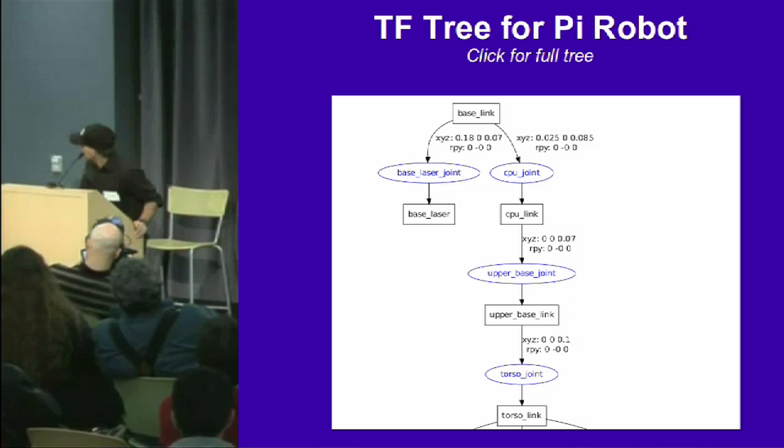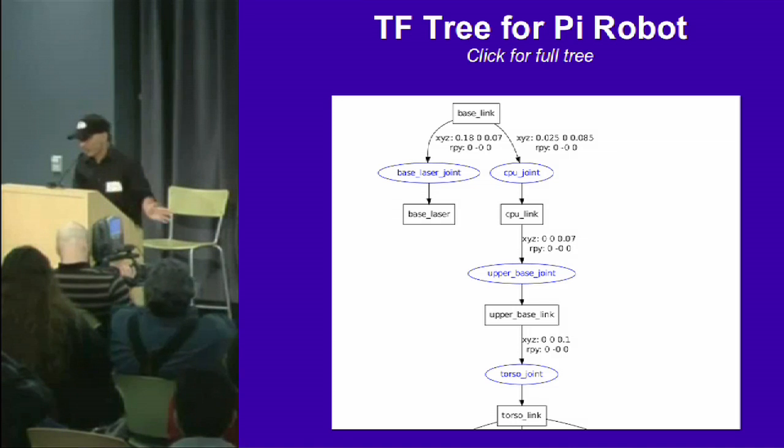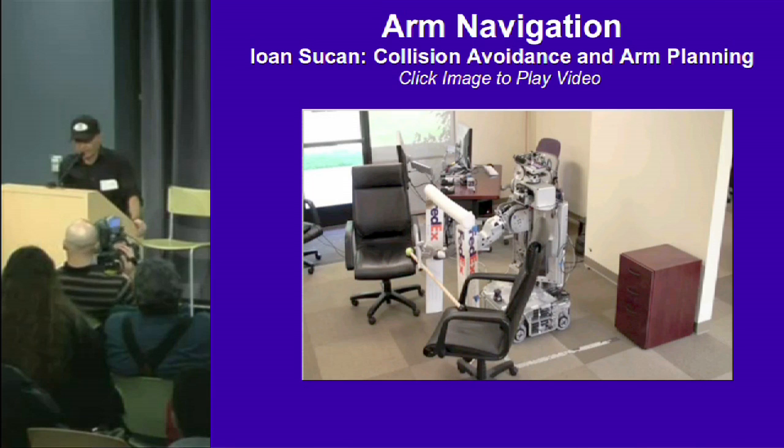So this is every joint in this robot, every link mapped out for you by the transformation library in conjunction with your model of your robot. And so once it's done, now you can know where every joint is relative to every other joint as it moves about.